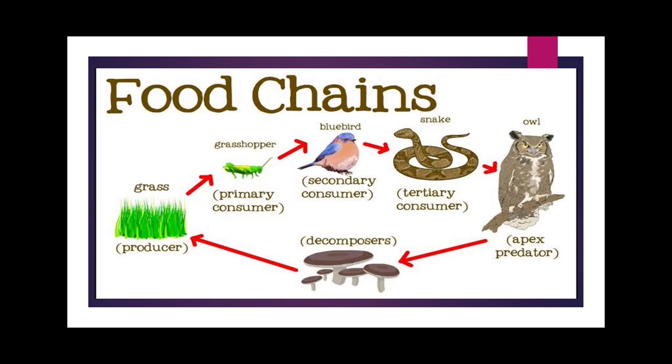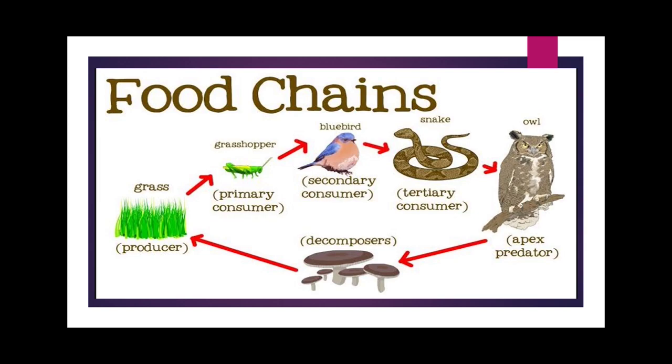A food chain shows how a set of living creatures are dependent on each other for food. It has arrows to show which organism is eaten by which. So students, in the picture itself you can see how the animals and insects are dependent on each other.